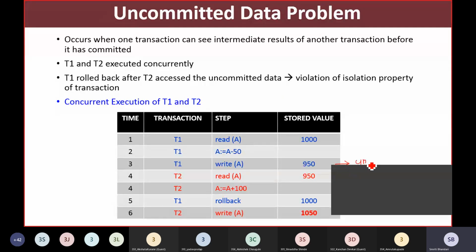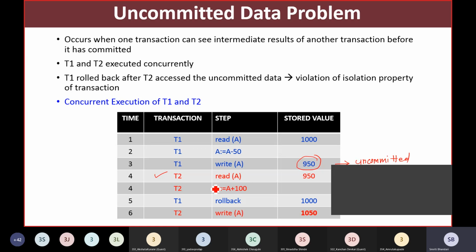T1 has written A, but this value is uncommitted. What we mean by uncommitted? T1 has not yet committed, or T1 has not yet rolled back. So this intermediate value 950 is read by this another transaction T2, right?